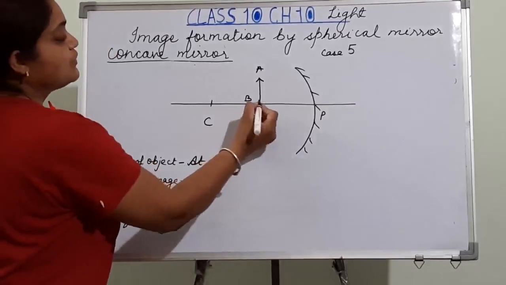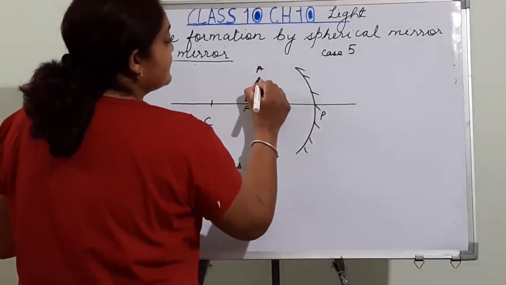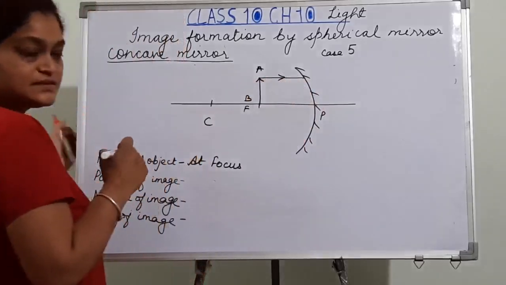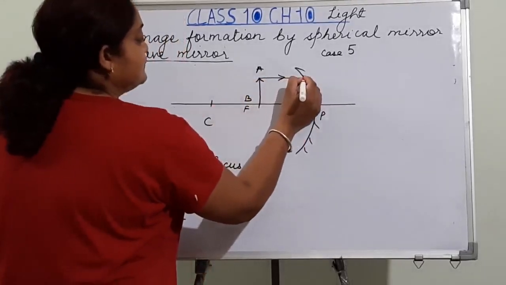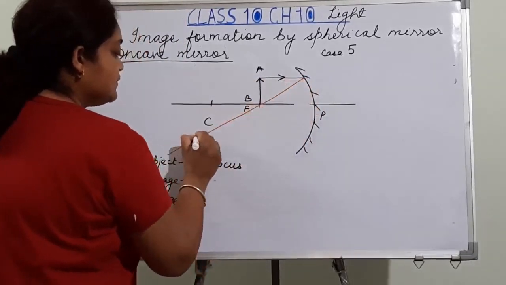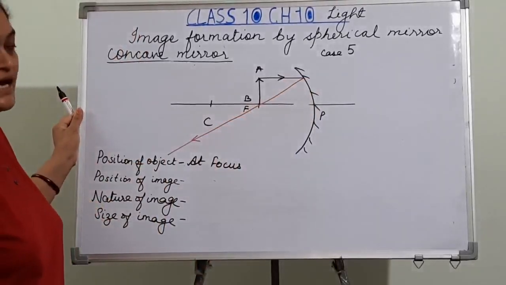So this is focus. Now consider the first ray parallel to the principal axis. After reflection, it passes through focus. So this is the reflected ray. Second ray I am taking at pole.